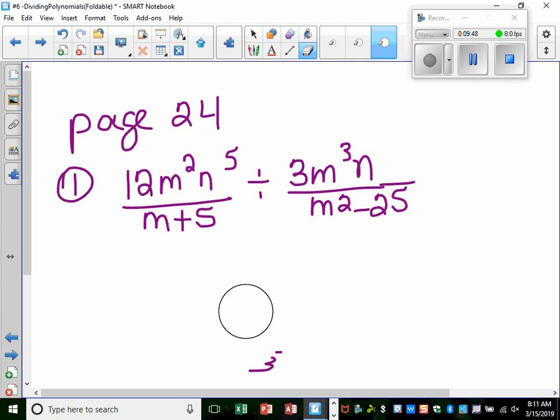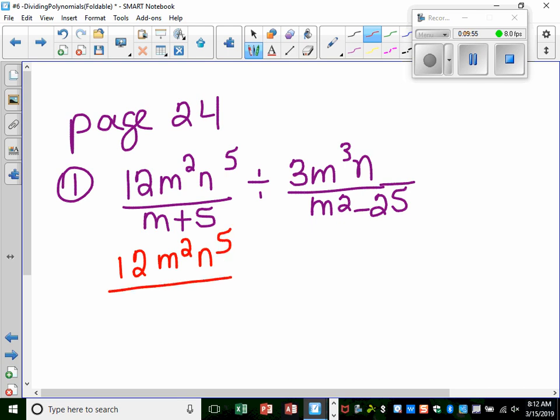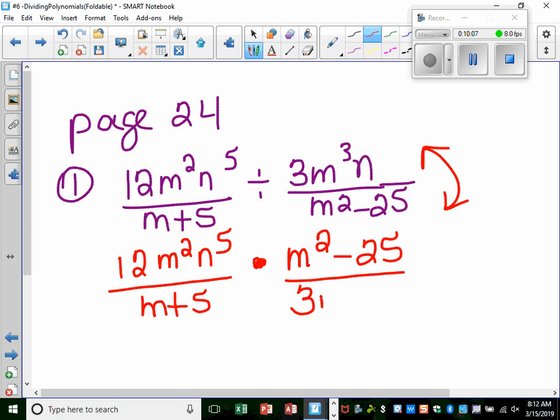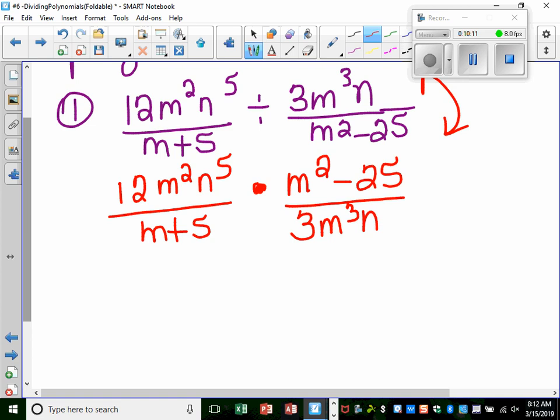So we're going to rewrite the same problem, but we're going to change it to multiplication and reverse the numerator and denominator, because that's how you divide with fractions. Okay, so everything actually has been in simplest form except for this.